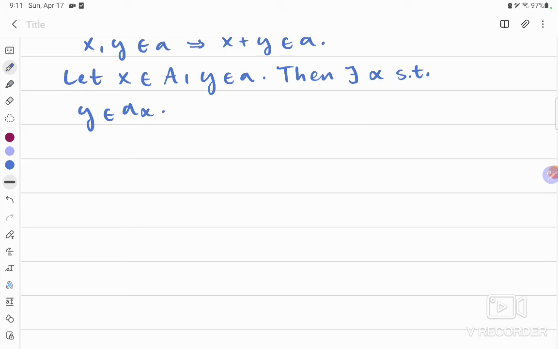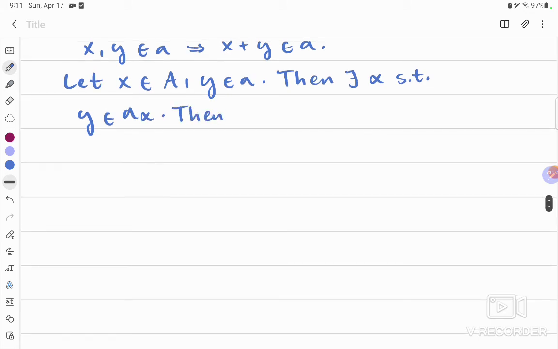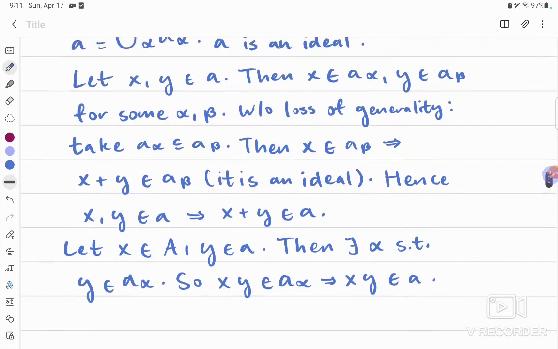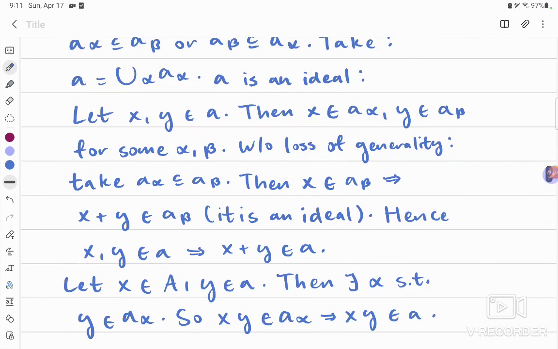Then xy is, by scaling and this being an ideal itself, also going to be an element of a sub alpha, simply viewing it as localized to a sub alpha. So xy is in a sub alpha, which means that xy is in A.